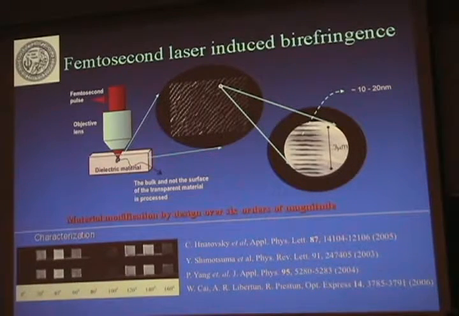But this is a phenomenon that occurs through the interference of the short pulse and the plasma generated inside the glass. And these nano gratings have long range periodicity. So then we can fabricate, this is just one snapshot with the DIC, large arrays of micro gratings. Essentially, each micro grating uses the effect of form birefringence.